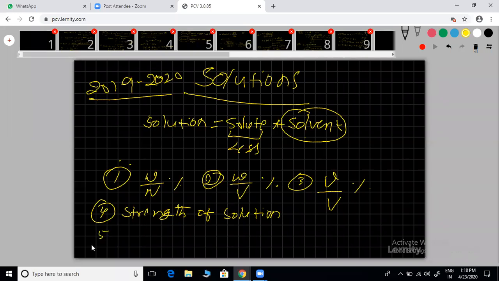Next, fifth molarity, sixth molality, seventh mole fraction, eighth normality, and one more, formality, which is nothing but molarity. And their interrelations.